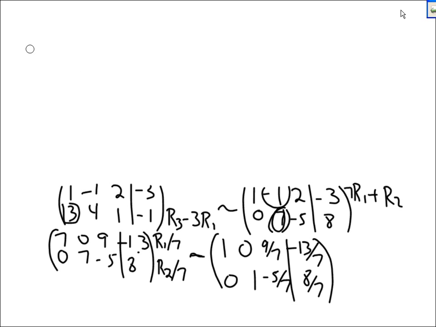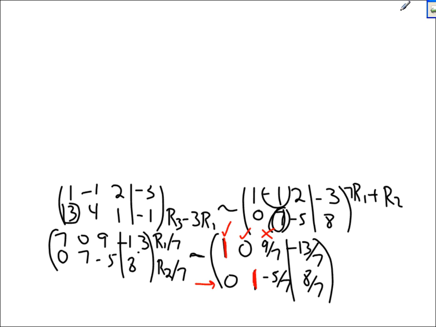Now, the first column, well, let me do it slightly different this time. Row 1 has its first leading entry. There it is. Row 2 has its first leading entry. Now, column 1 has a leading entry for some row. Column 2 has a leading entry for some row.